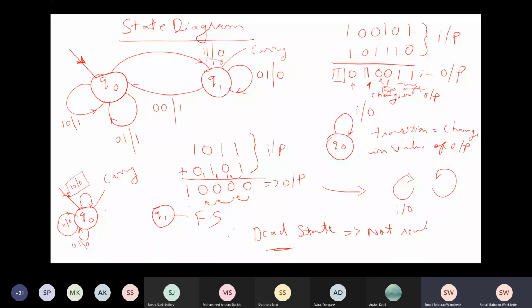So you just have to follow the logic, perform your solution very well, and then represent that in the form of a state diagram. Eventually the output can be anything. In our second case, it is not reaching the final state, that's why it's going to the dead state, and we have to write a comment over there. So this was about that.